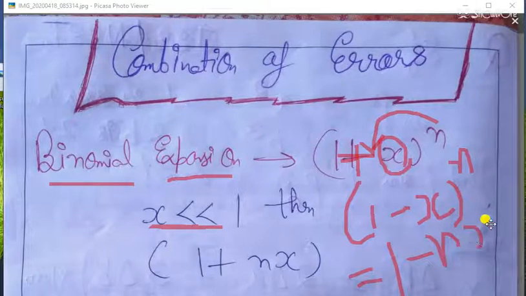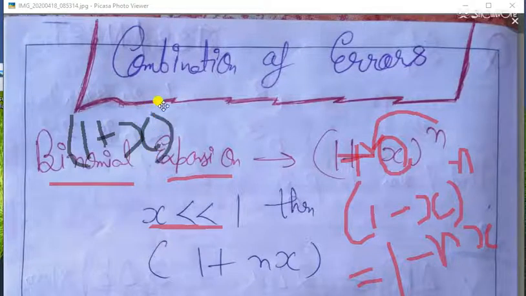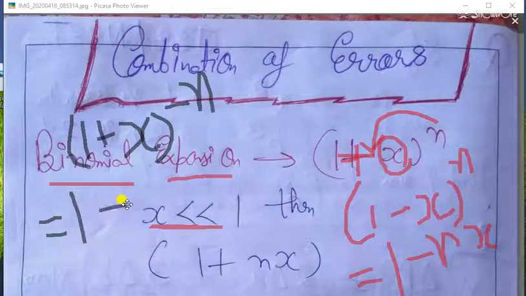In the same case, if there is a value like 1 plus x raised to the power minus n and x is very small, then we will multiply the power with x, so this will become 1 minus nx.